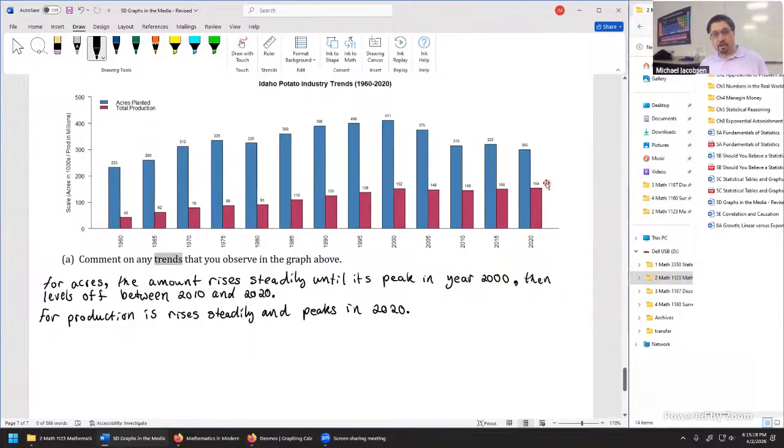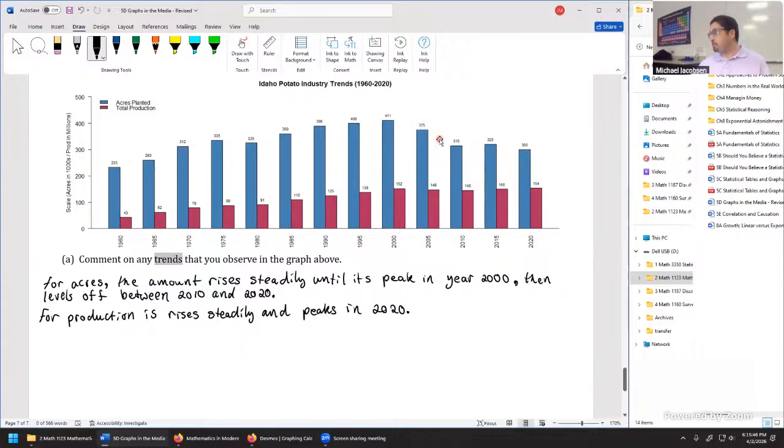Okay, like before, there's a whole lot of stuff that you could say on this graph. We focus mainly on the trends to match the direction of the question itself. The other things you might have said along these lines is you notice that acres planted peaked majorly in the year 2000, but then it fell off by quite an amount. It's like 75% of the 20,000 value in the year 2020.